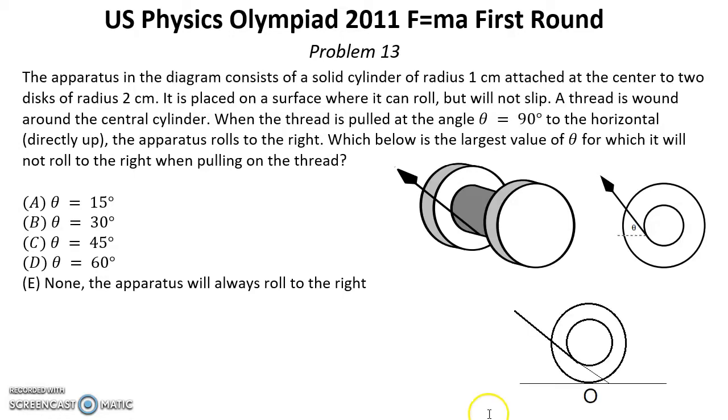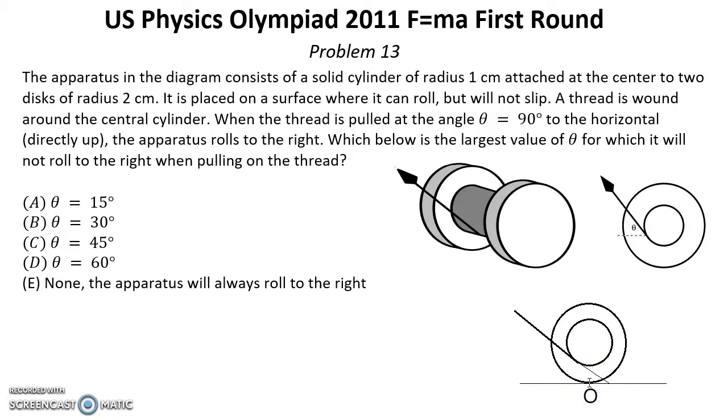Let's extend our thread down to the floor and check if this extension goes to the right from the point O where this construction touches the floor. Because we don't have any slipping, we can take this point as the point of rotation for the whole construction.